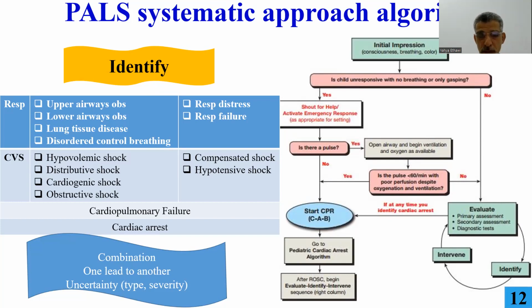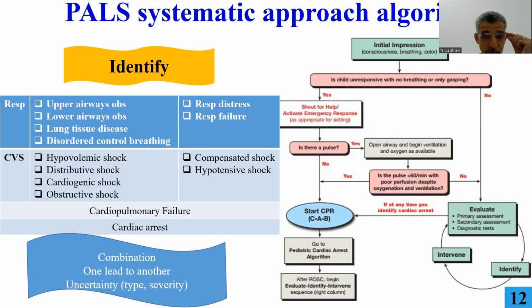Our evaluation will be A, B, C, D. For the respiratory, our identification is either upper airway obstruction or lower airway obstruction, lung tissue disease, and disordered controlled breathing. From that, the identification is either respiratory distress or respiratory failure.